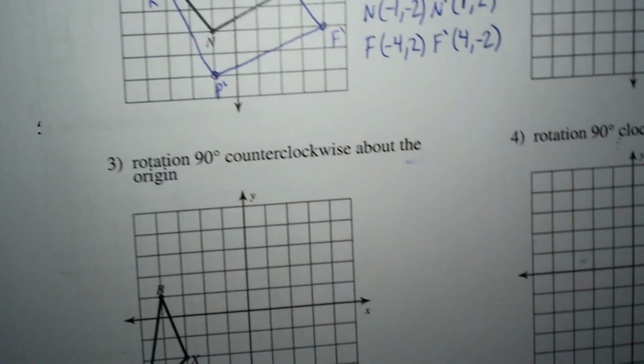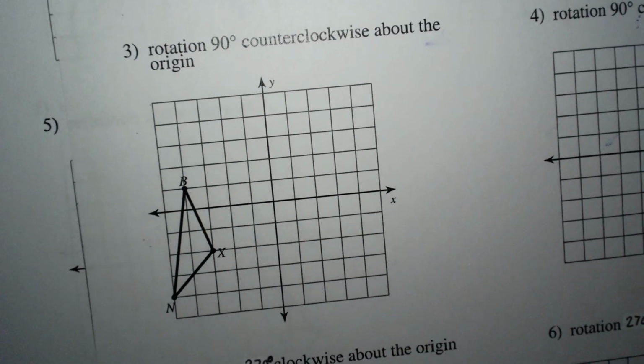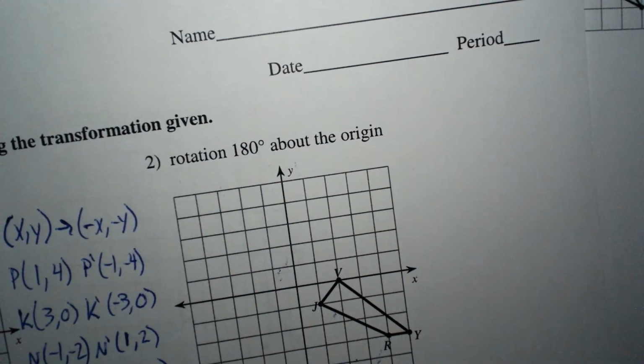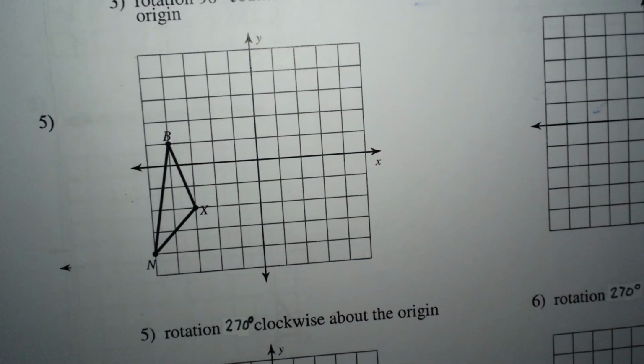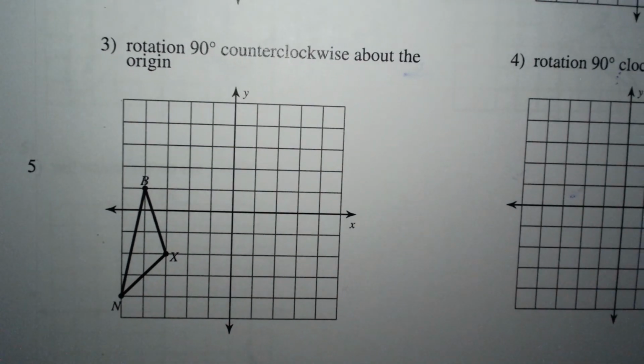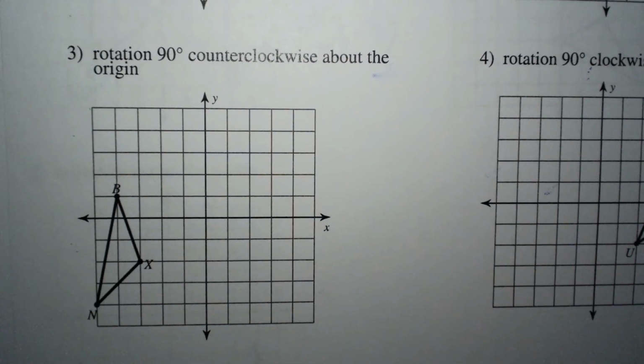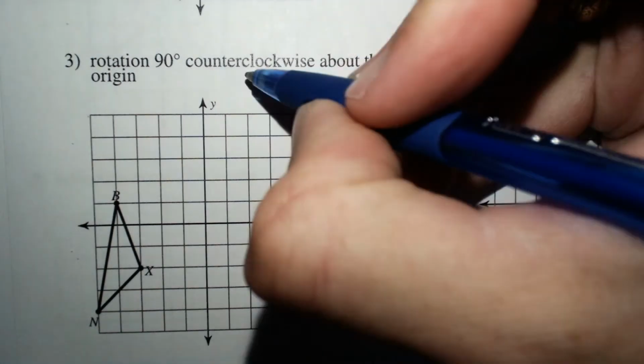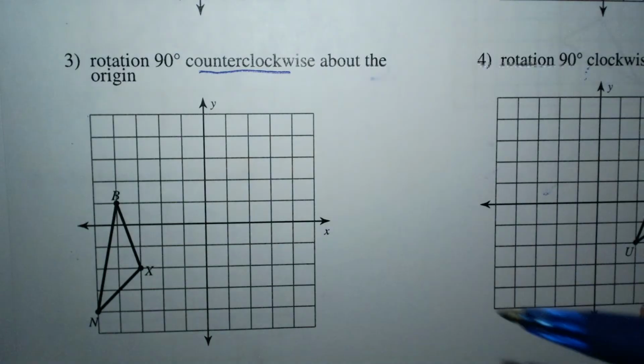Okay, we're going to skip number 2. We're going to go to number 3. The reason we're skipping number 2 is because it's the exact same. It's a rotation 180 degrees. Okay, number 3, a rotation 90 degrees counterclockwise. 90 degrees counterclockwise. That is very important, the direction we're going. Remember, this way is clockwise.